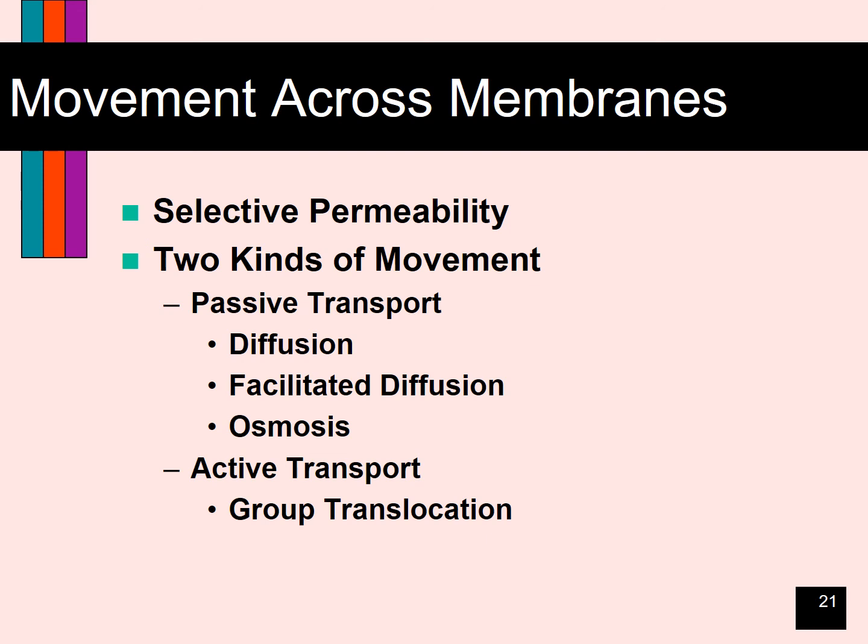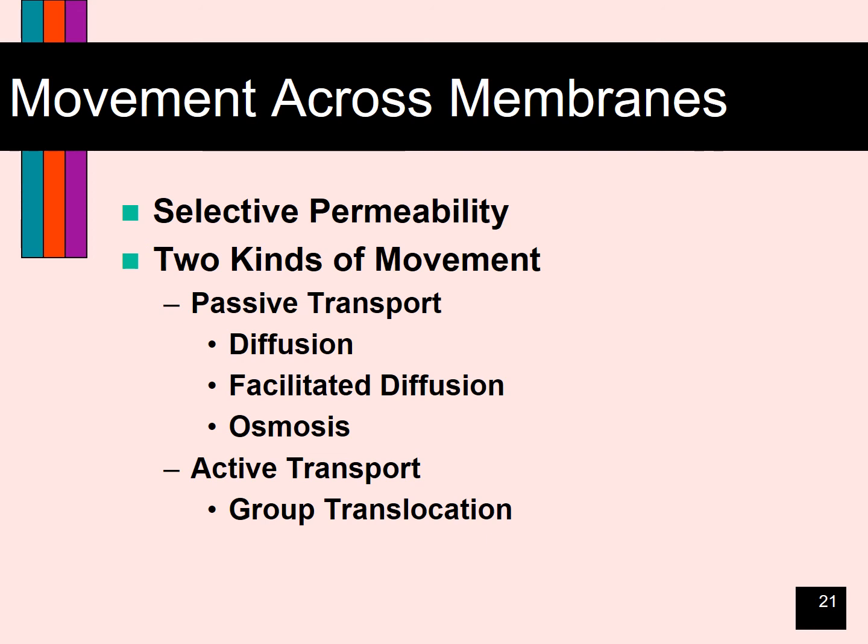Active transport is different, okay? Active transport is not following the concentration gradient. Active transport is creating a concentration gradient. So you are moving things up their concentration gradient and kind of concentrating them on one side of the membrane.